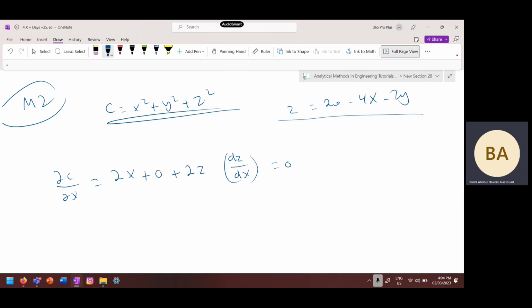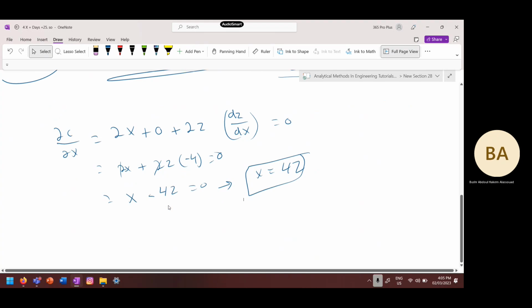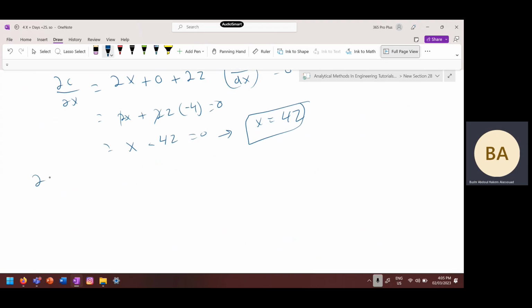So what's dz over dx? Simply differentiate this with respect to x. So we have 2x plus 2z dz over dx, which is -4, equal to 0. Cancel the 2's. So we'll have x minus 4z equals 0. So x is equal to 4z. Okay, now go to the second variable, partial C over partial y. Get 0 plus 2y.